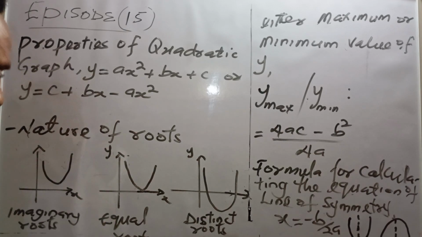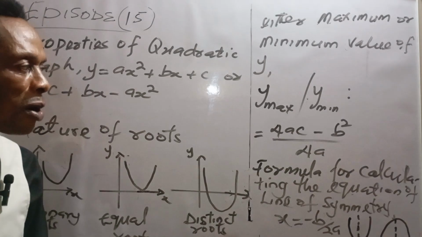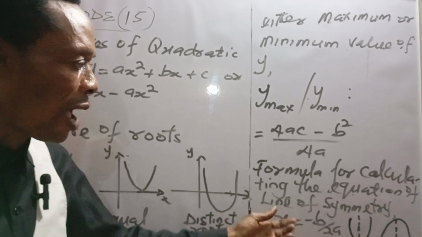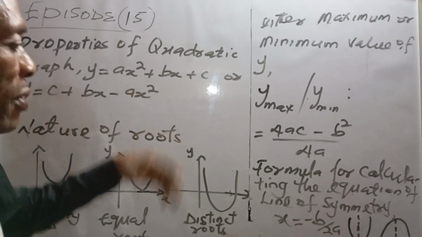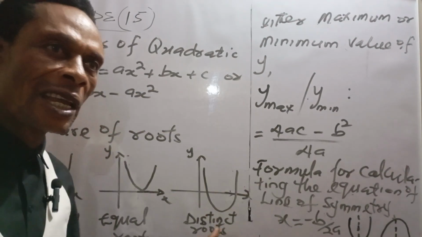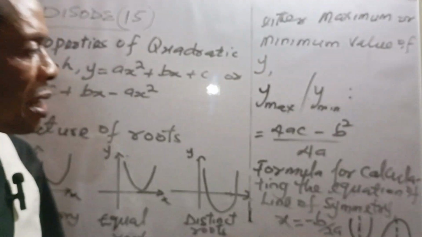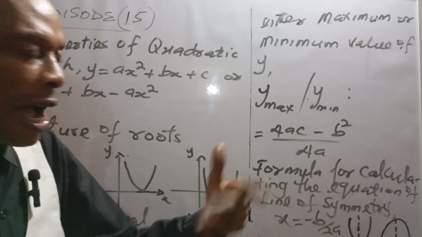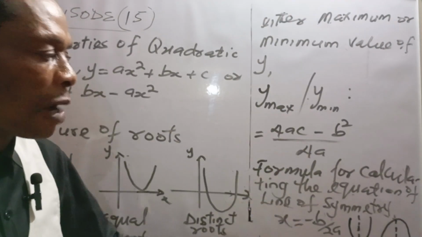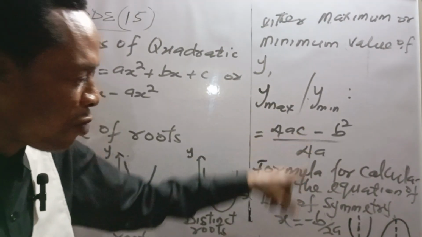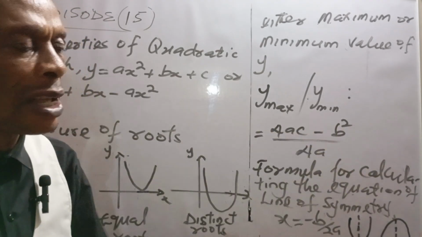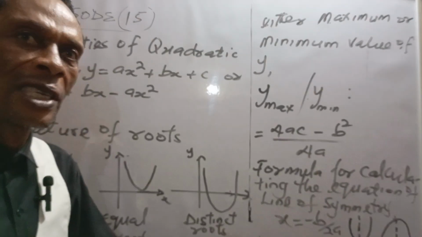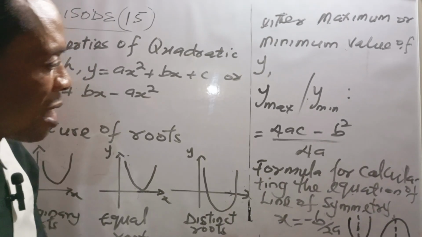Viewers all over the world, you can see with the explanation that I have made so far on plotting your graph, even when we have not taken any question here, take any textbook where you are asked to calculate either maximum or minimum value or equation of line of symmetry, and apply these formulas. You will get the precise, exact answers that you see there.